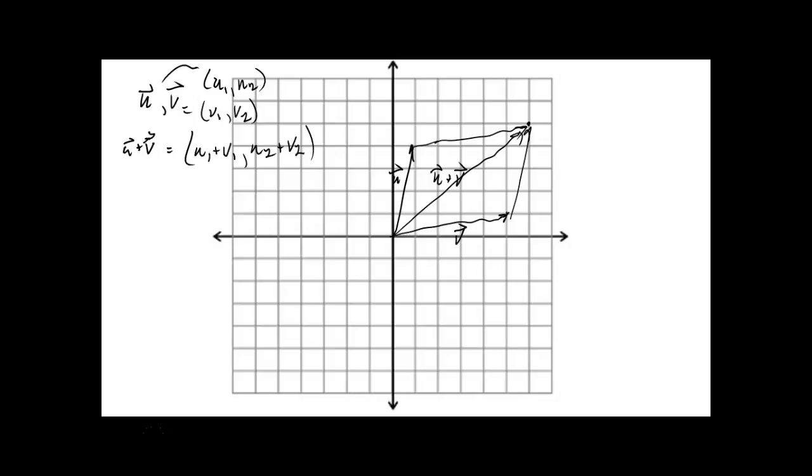This has a magnitude 1 plus 16. So that would be square root of 17 would be the magnitude of that vector. This would be square root of 26 would be the magnitude of that vector. Square root of 17, square root of 26.